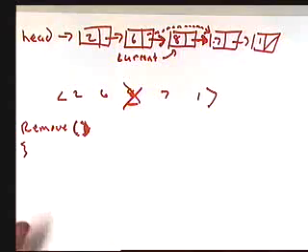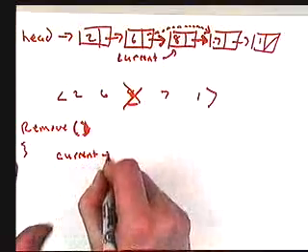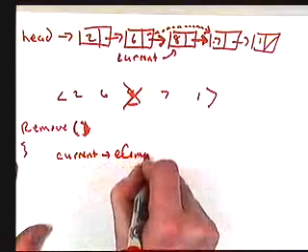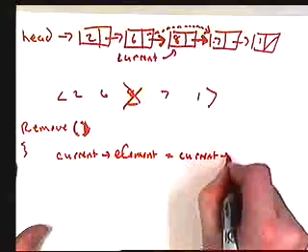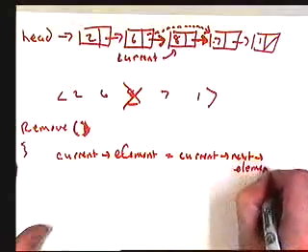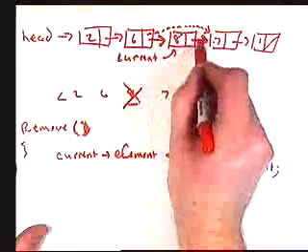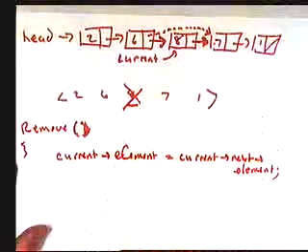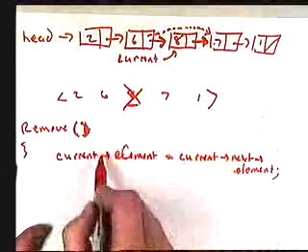So why not do something like this, where I say current element equals current next element. That is, current element equals current next element. Or in other words, read 7 and write it over the value 8.